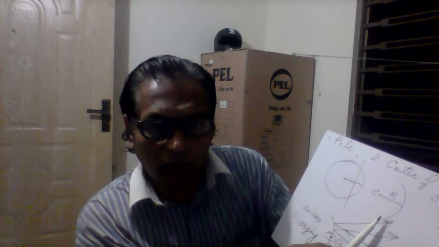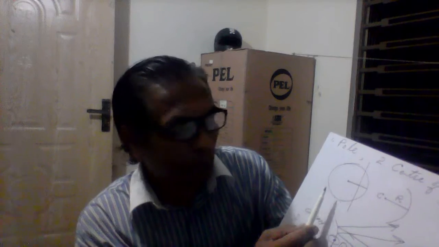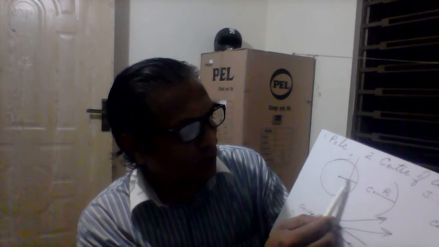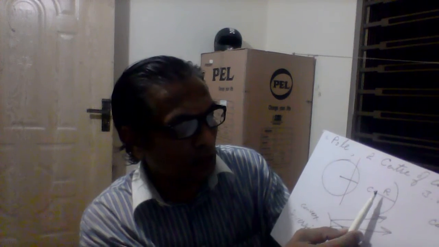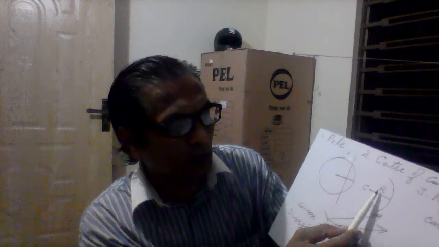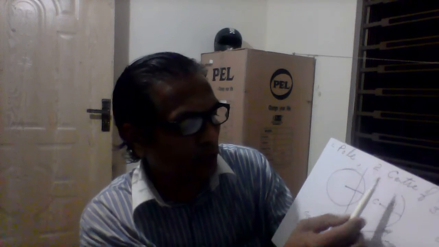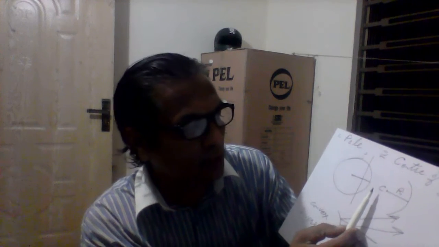The spherical mirror is part of a hollow sphere. The radius of the hollow sphere is now called the radius of curvature for this spherical mirror, denoted by capital R, and center of curvature is usually denoted by capital C.